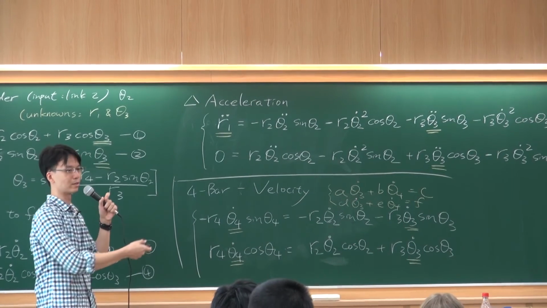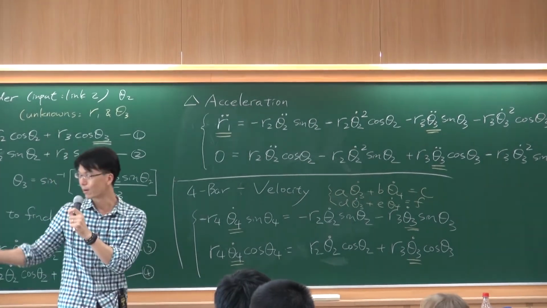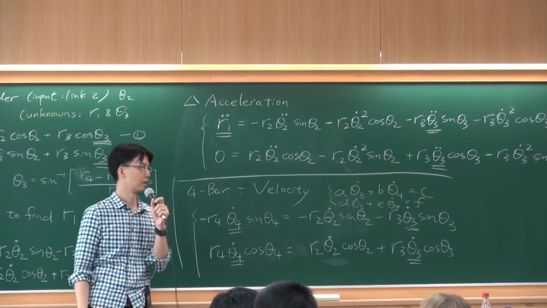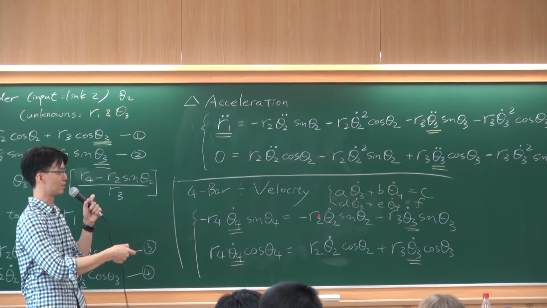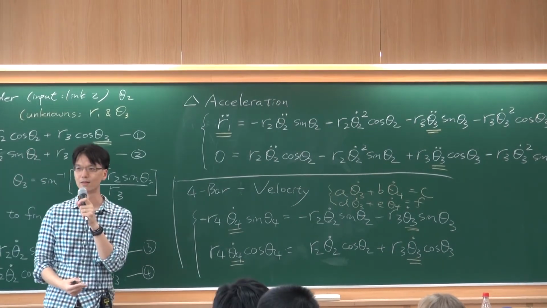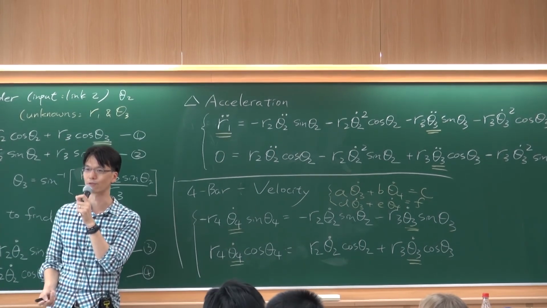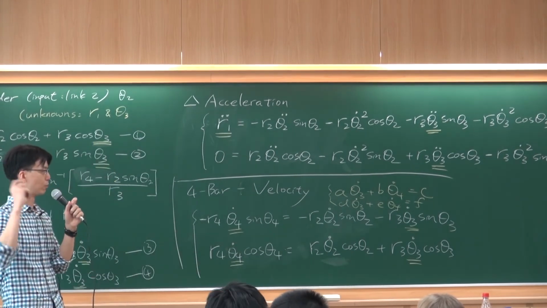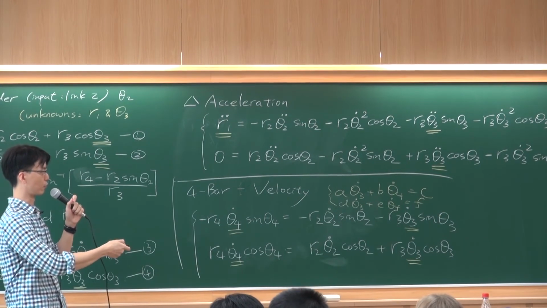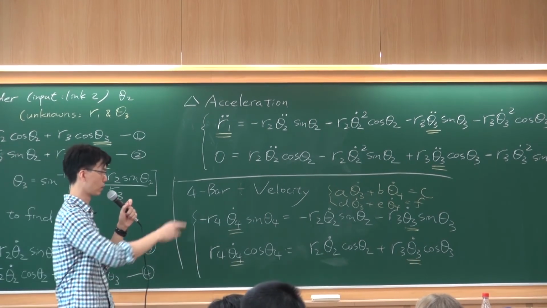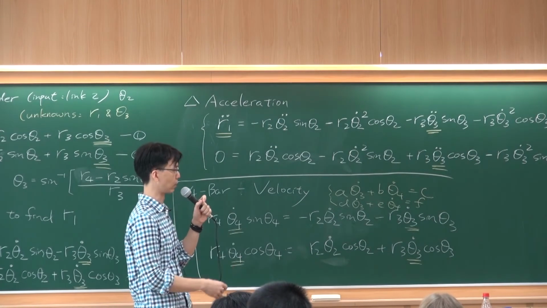This type of equation is easy to solve when compared with these two. So velocity is easier than position, but you still need to find the position information first. Once you find the position information, it's easy to solve the velocity and also the acceleration.